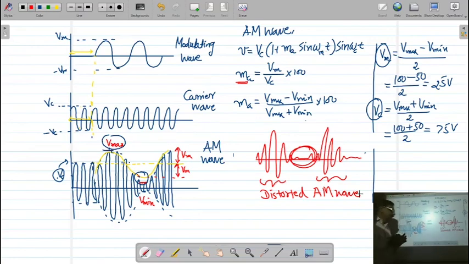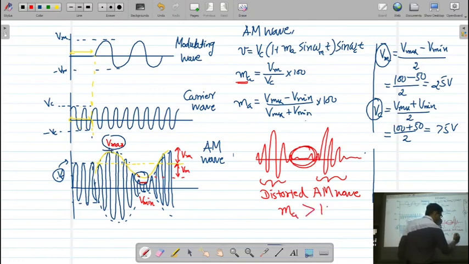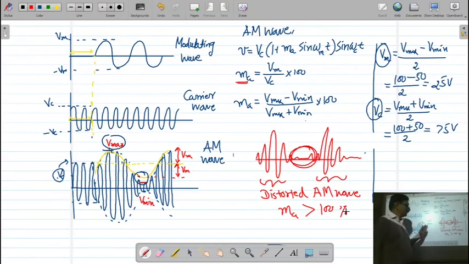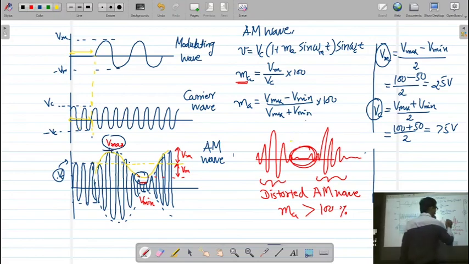And for this kind of waveform, modulation index is always greater than 100%. So remember that if the modulation index is more than 1 or 100%, the modulated wave will always get distorted. Means during this time period, whatever the information was there, this information is lost.